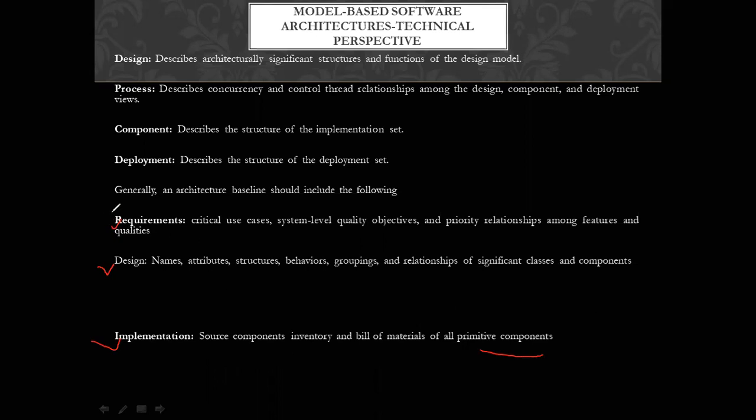The architecture baseline should have these for sure, and the upper four parts show the views that you have to do. So that becomes your technical perspective of the model-based software architecture, which you have to remember.